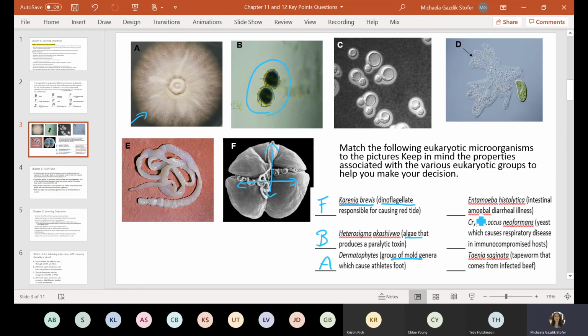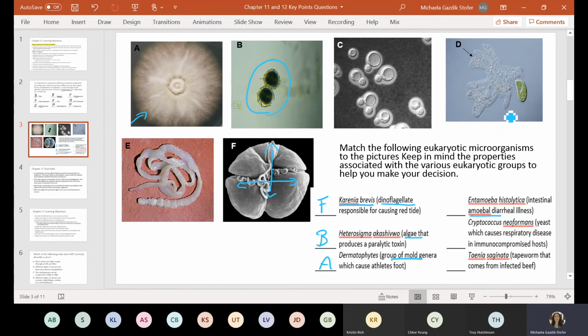Entamoeba histolytica we see here is an amoebal disease. Your amoeba are big. These are big eukaryotic cells, and their defining feature is that they move by pseudopods. They stick part of their cell out, and then they can pull it back, and they can use those pseudopods both for movement and to consume food, because these are actually going to be predators. They're hunting and consuming things.